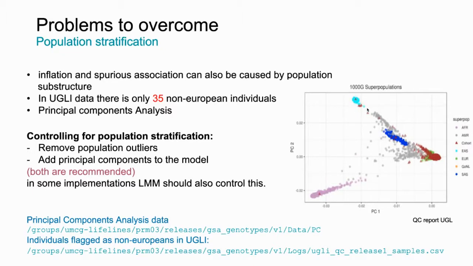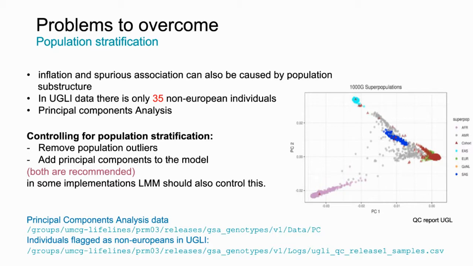So once you have this measure, to control it, you can either remove these population outliers, and or add the principal components, at least the first ones, to the model. Most people use up to the first 4 principal components. Some people use all 20.